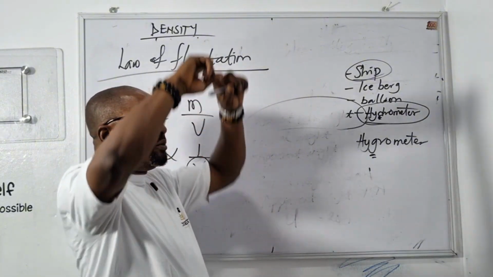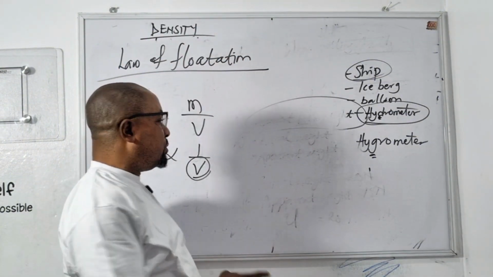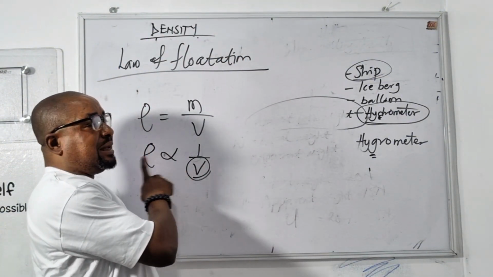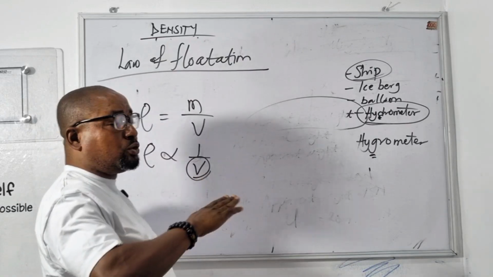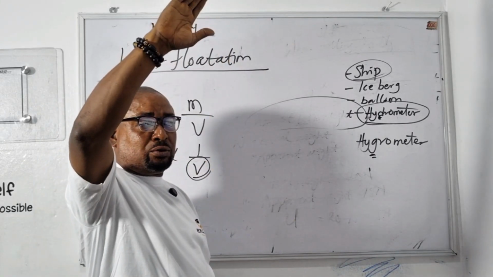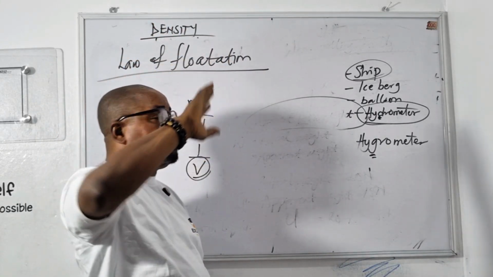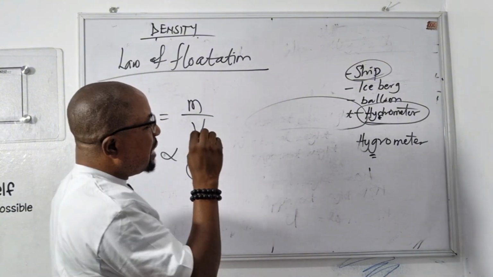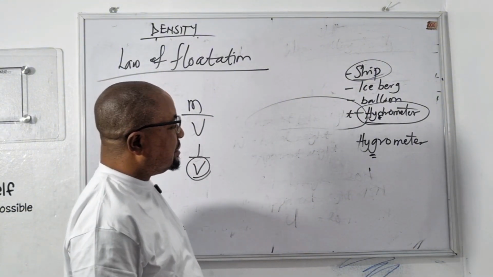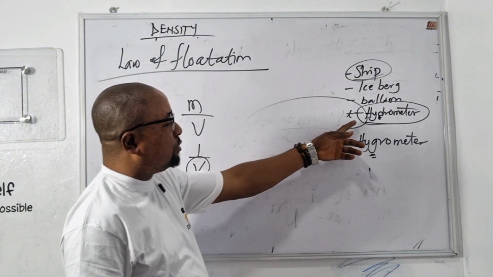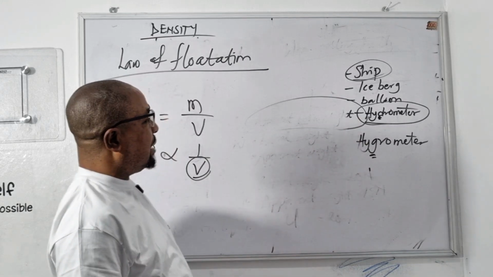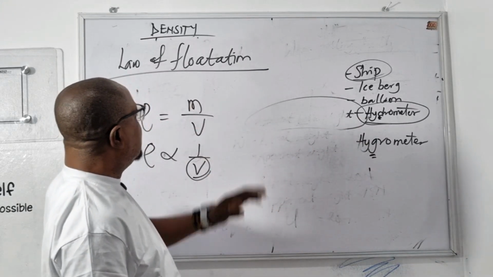Their volume is greater than the ones in the surrounding. So their volume will increase and their density will decrease. By so doing, they will float. So those are the applications of density. Please don't forget the hydrometer and the hygrometer. So this is all about density.